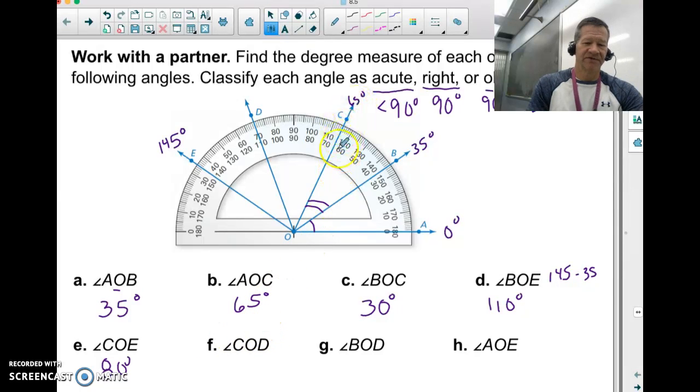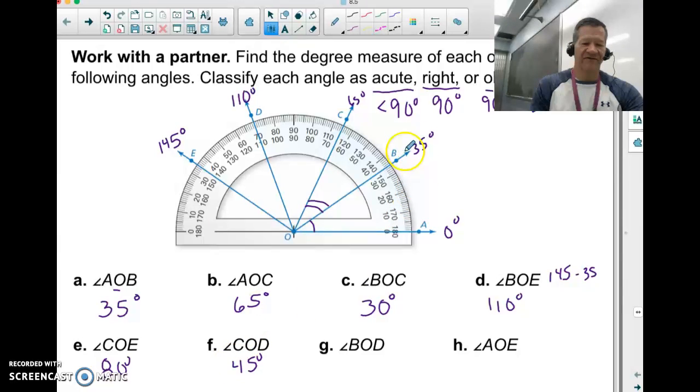COD. We haven't said where D is yet, so looking at the inside numbers, it goes from 0 all the way to 110. So D is at 110. Looking at COD, from 65 to 110, I subtract those and get 45 degrees.